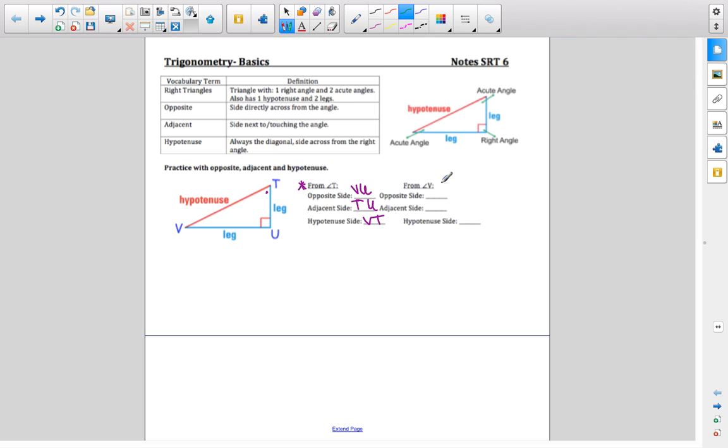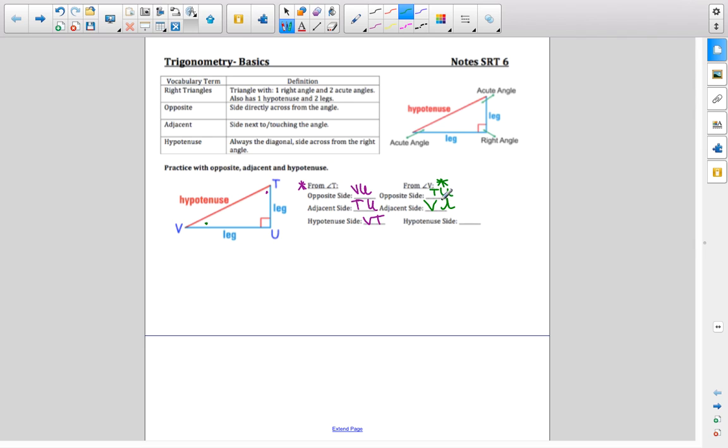Now when I look over here and I look from angle V, I get a different perspective. Now I pretend that I'm standing over here on angle V, and the opposite would be way across the triangle, and that would be side TU. The adjacent side to angle V would be the side that's touching it that is not the hypotenuse, so that would be VU.